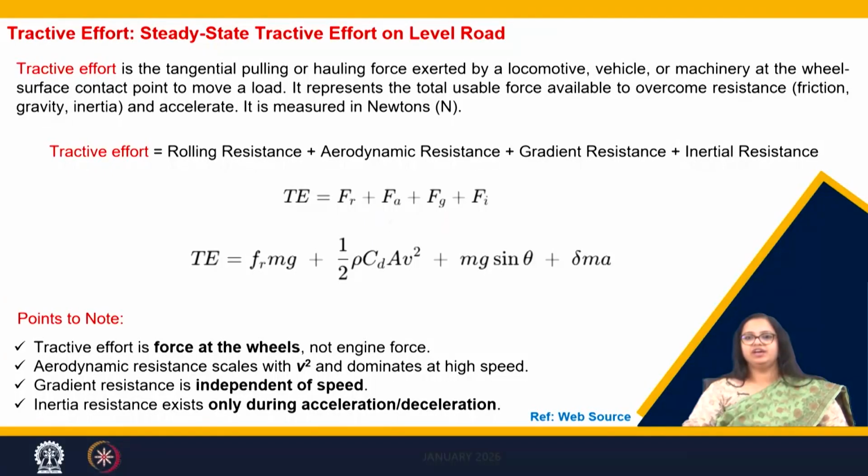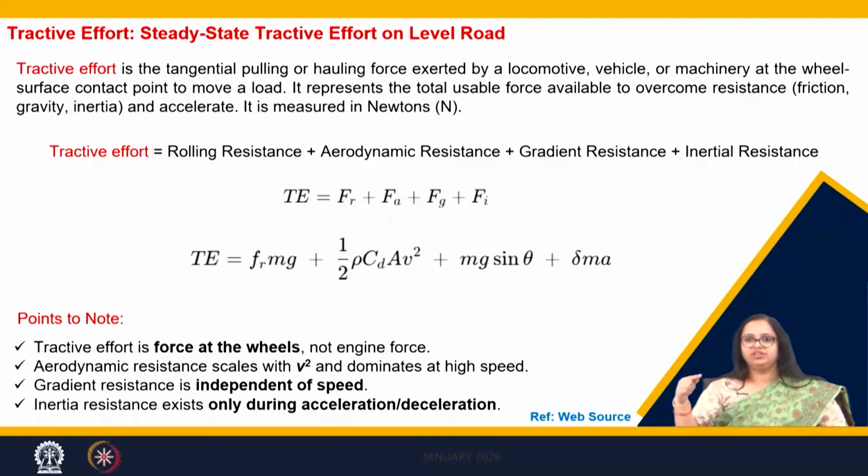However, what is the effort that is given by the vehicle when it is climbing up a gradient or even moving on a level surface? Is it only the road friction, or are there any other frictions involved? This is defined by the tractive effort. In technical terms, tractive effort is a tangential pulling or hauling force exerted by a locomotive, vehicle or machinery at the wheel surface contact point to move a load.